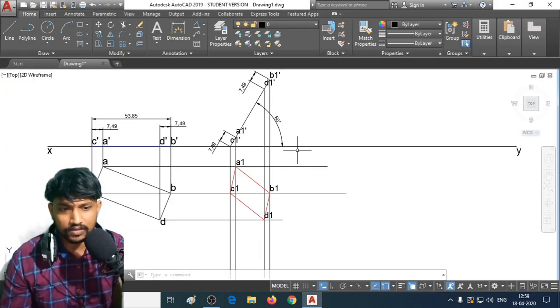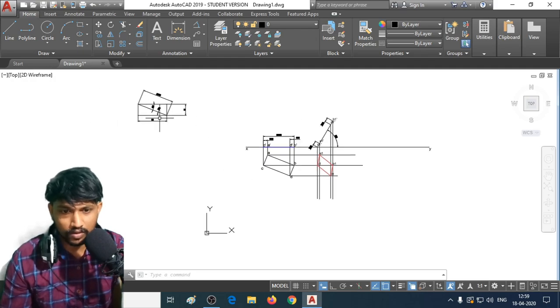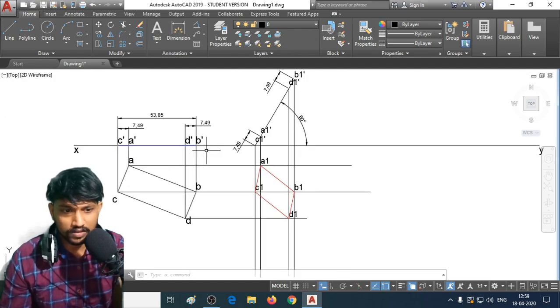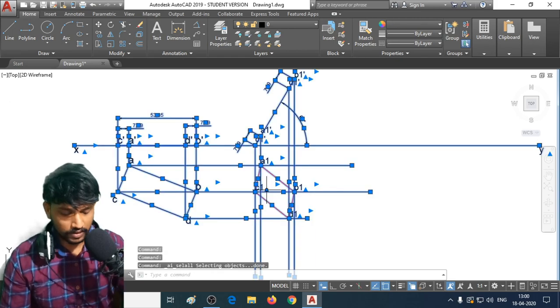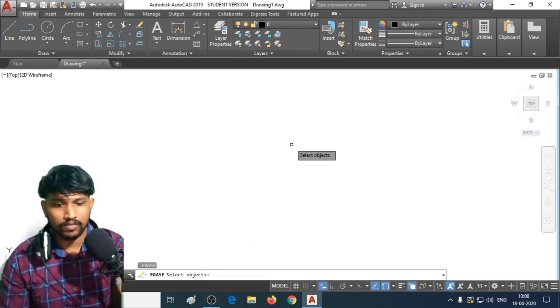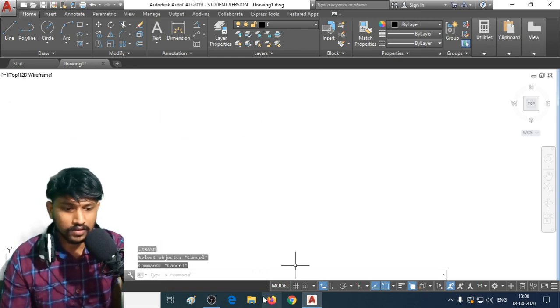But since we have a huge amount of time, I don't want to restrict this session to conventional drawing only, but I want to tell you guys about AutoCAD too. So I'm going to stop these problems here, and I'm going to completely talk about the AutoCAD problems.